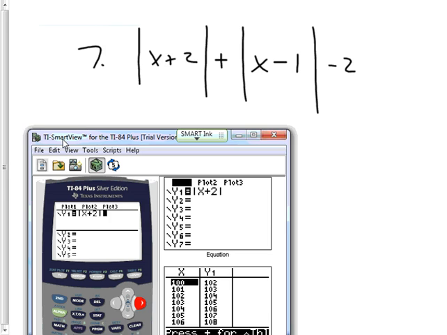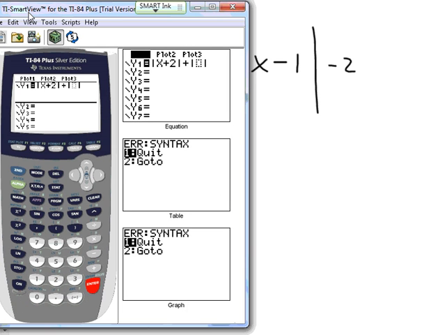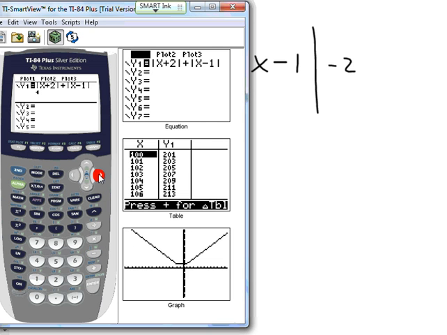Then say plus, then another absolute value of x minus 1, and the absolute value out of those. Okay, and then minus 2. Okay, I hit graph.